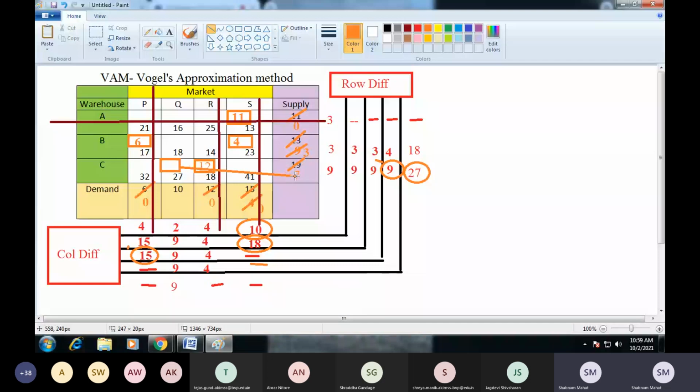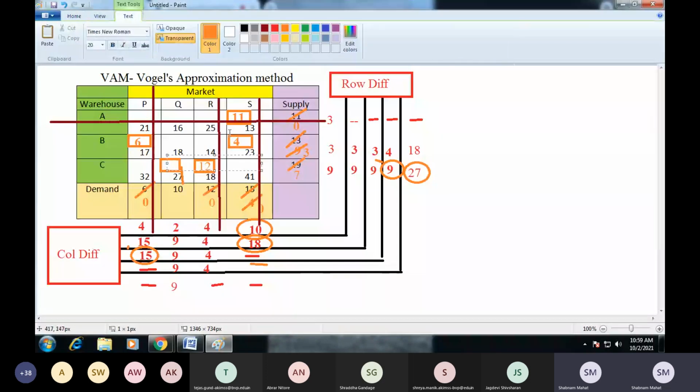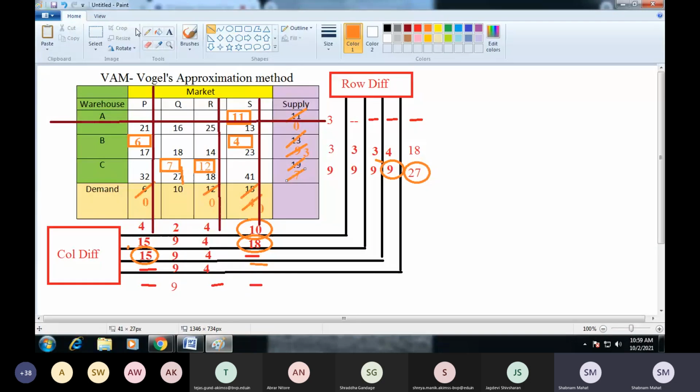So what is the minimum? My minimum is 7. So I can apply 7 quantity here. Now, when I supply 7 quantity here, first of all I have to remove 7 items from my warehouse C. Now it becomes 0.